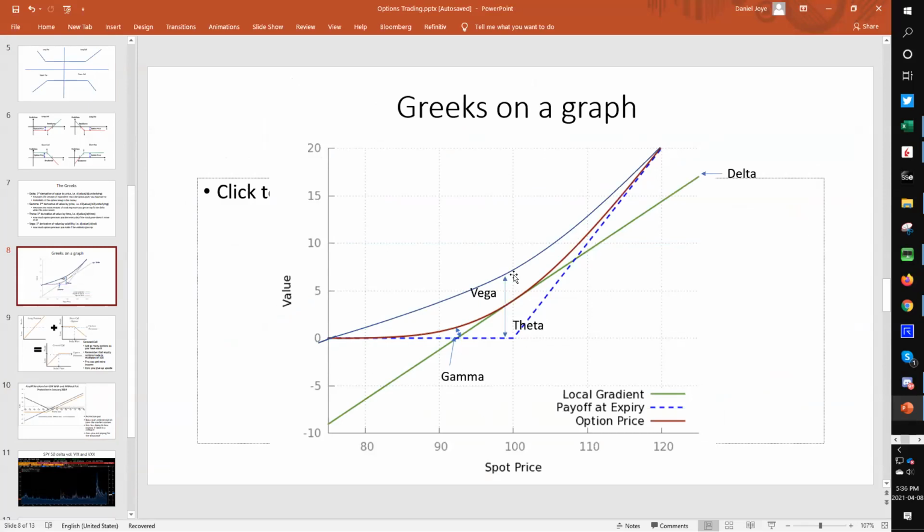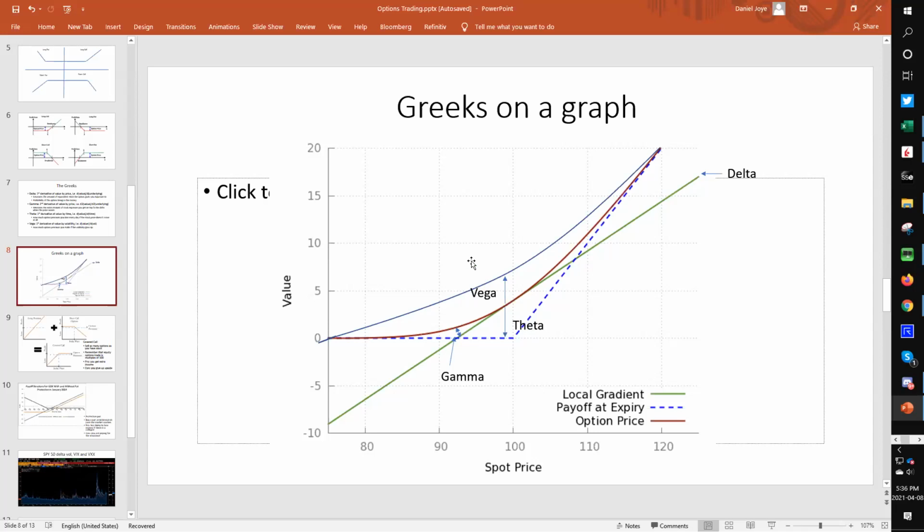As I get closer and closer to expiry, I go from the blue line to the red line to the dotted blue line. That's basically my theta, right? My time value goes down. So as I get closer to expiry, my theta kills the value of my option.